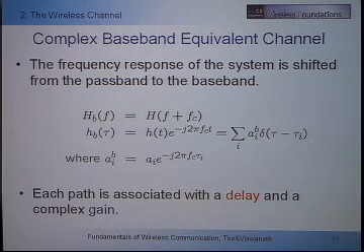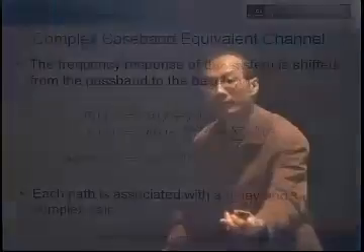The delay is τ_i, and the complex gain is given by a_i times e^(-j2πfc τ_i). And notice that the delay enters both as τ_i, of course, and also in the complex gain. Okay? So it's intuitively easy to think about this way. If you have a certain delay, that translates, in terms of the baseband, to a rotation of the complex number. Okay?